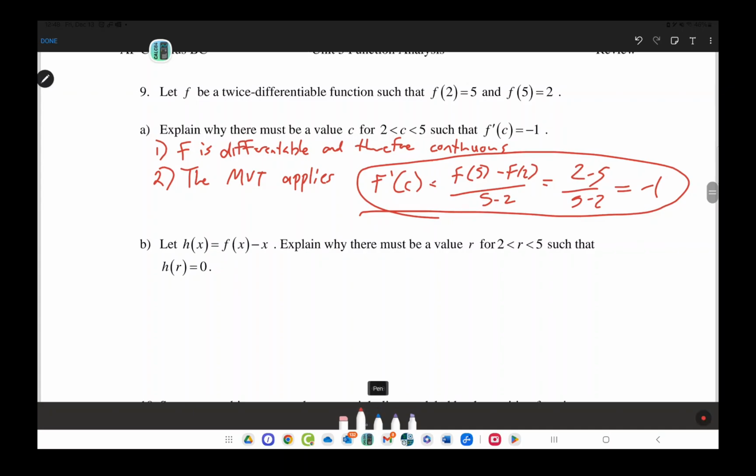So, let h of x equal f of x minus x. Explain why there must be a value r such that h of r is equal to 0. Well, h of x is the difference of two differentiable functions, because x is differentiable.